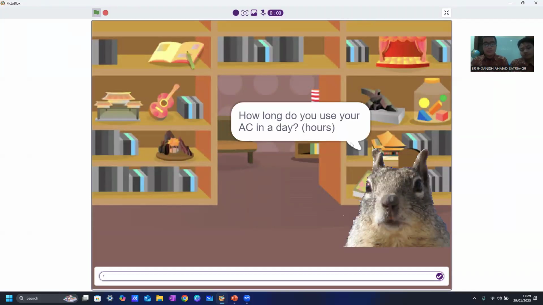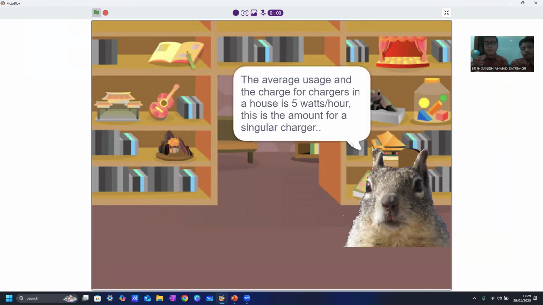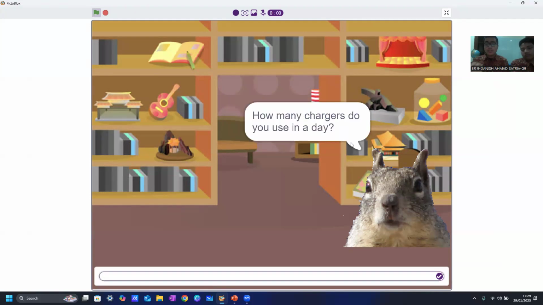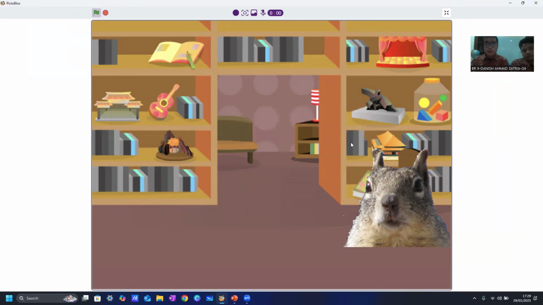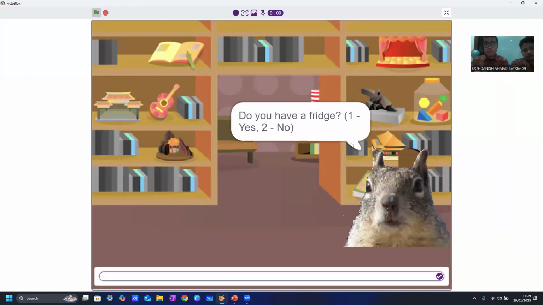I answered 7 hours. And so the program will calculate how many watts the electronics use in these 7 hours of usage. And there are also many other electronics like chargers, heaters, and fridge. And all of these electronics are counted on the amount of hours we use daily.